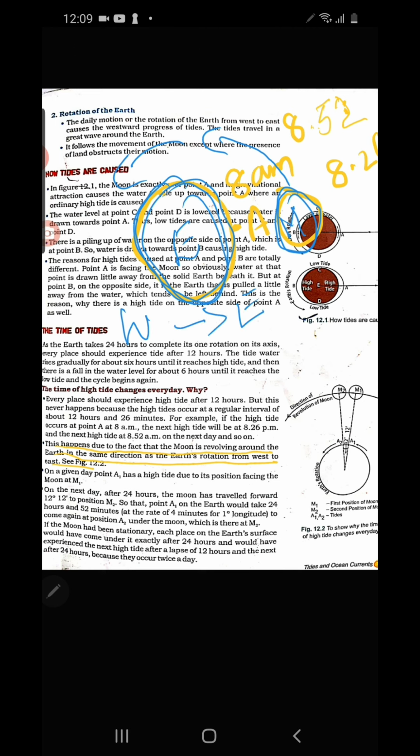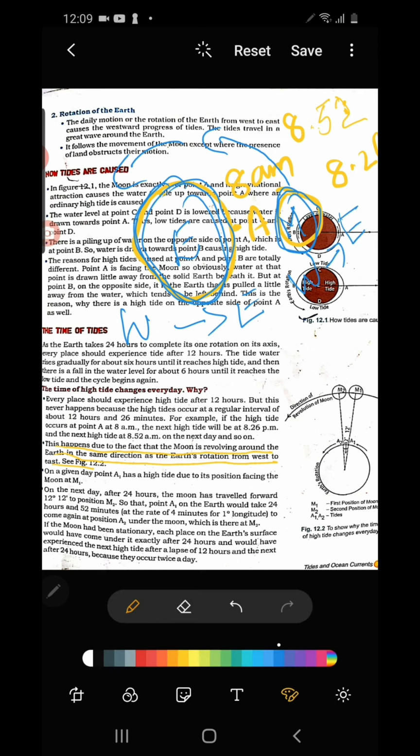Because of this reason there is a time variation in the tides of a place. Is it clear? Here also see the last line.